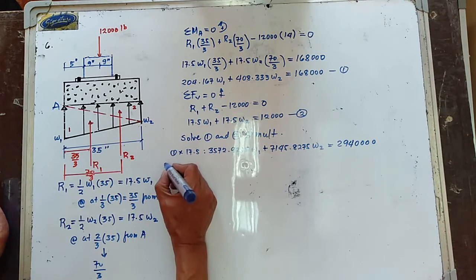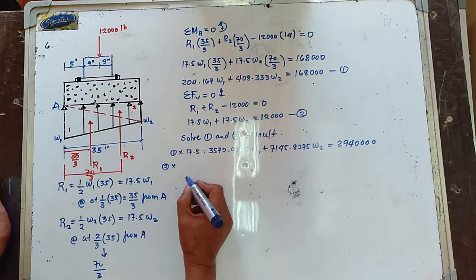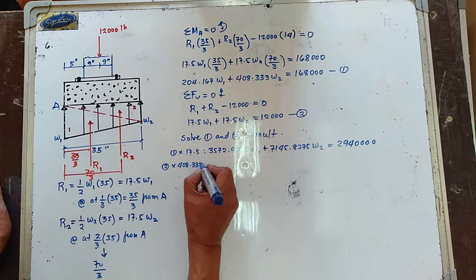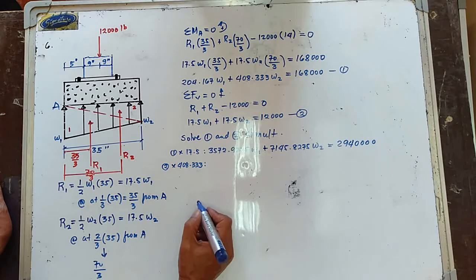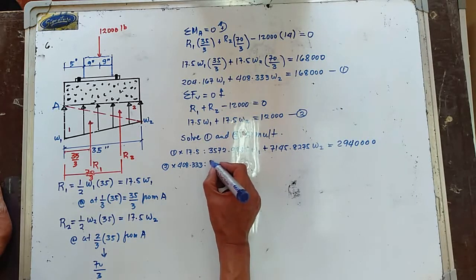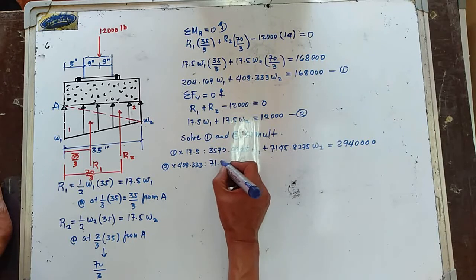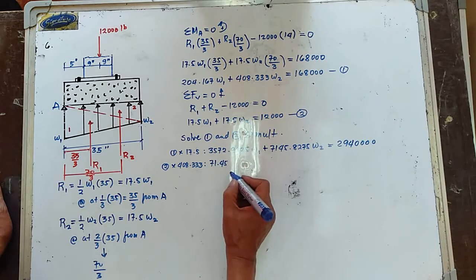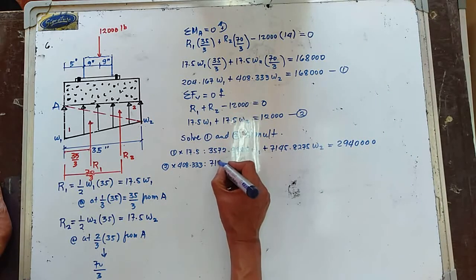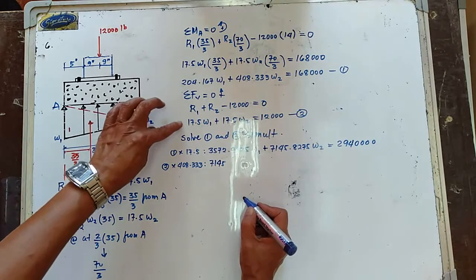So we have equation 2. Let's try to multiply this one by 408.333.